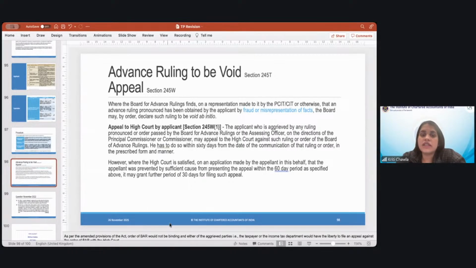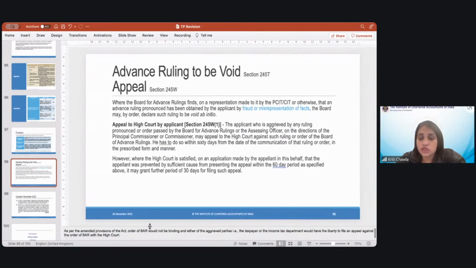And then, as per the amended provisions of the act, an order of the board for advance ruling will not be binding on either of the aggrieved parties. So the taxpayer or the income tax authority have the liberty to file an appeal against the order of the board for advance ruling with the high court. So next level, they can go to the high court. It's not going to be binding as such. So this is where the appeal can go to the high court, by the applicant.